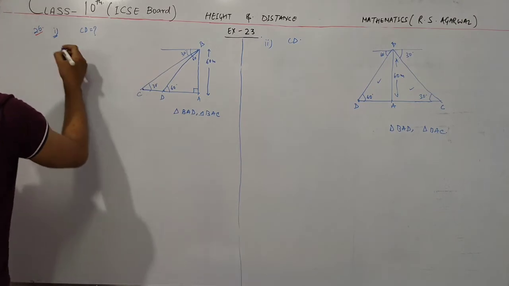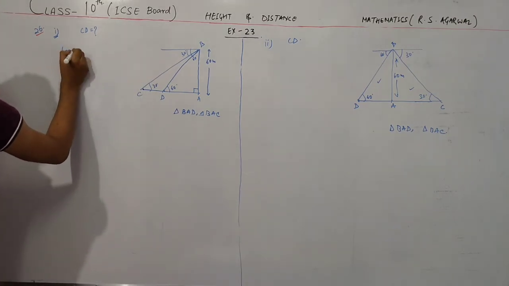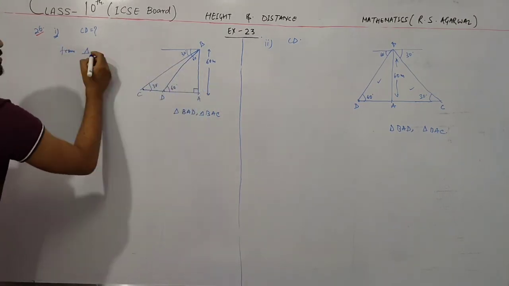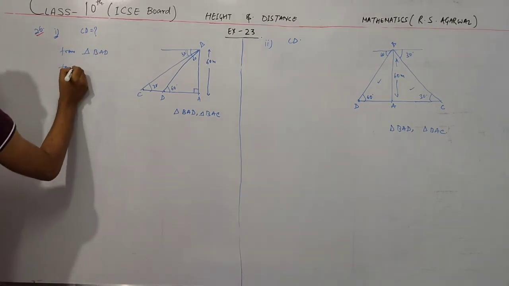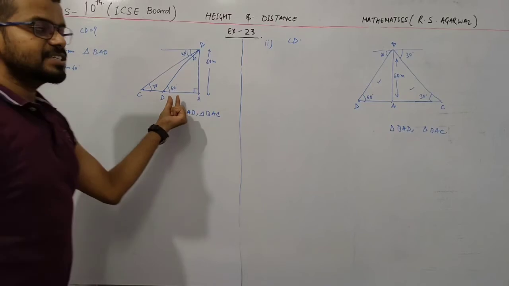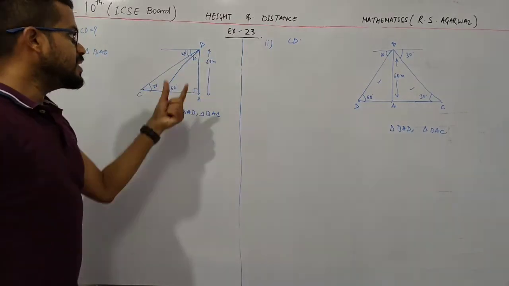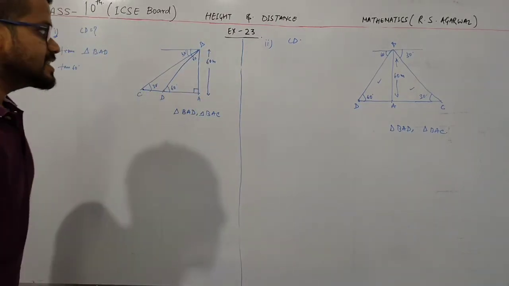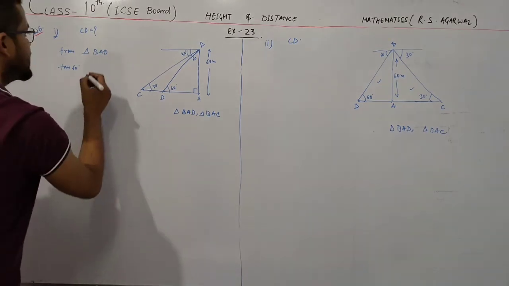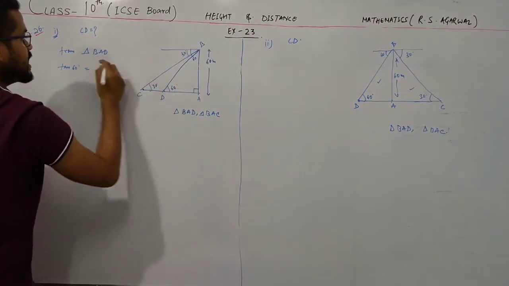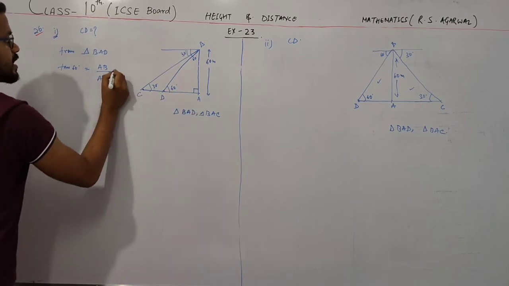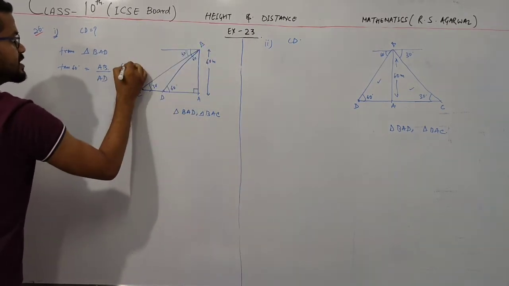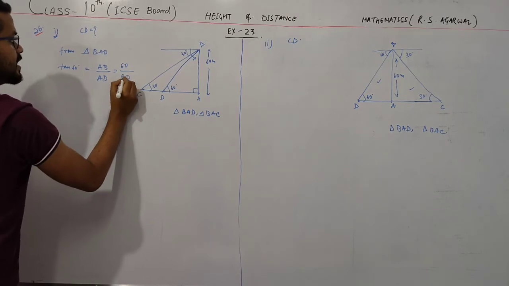Now I am taking triangle BAD. So tan 60 degree. Why do I use tan 60? Because here this is the perpendicular and this is the base, and tan 60 degree is the ratio of perpendicular upon base. So this is AB and this is AD. Height AB is given 60 and this is AD.